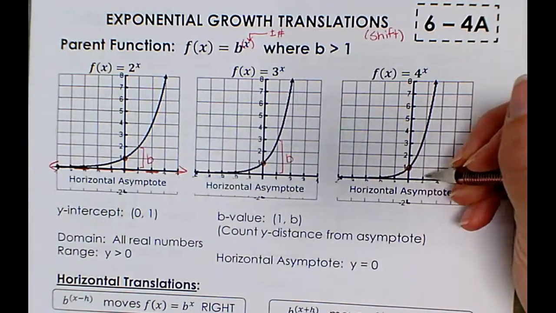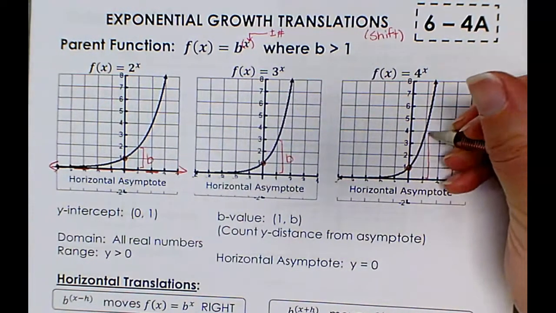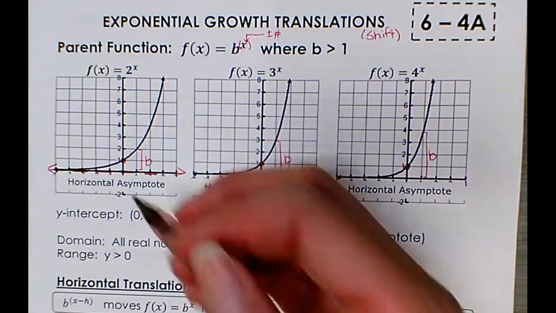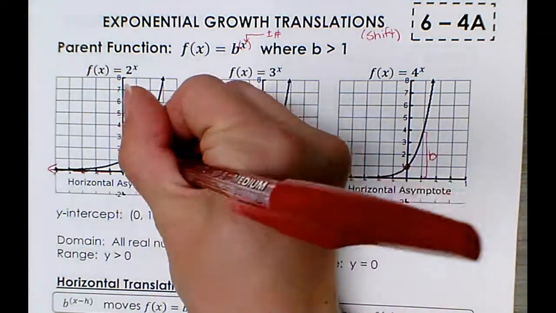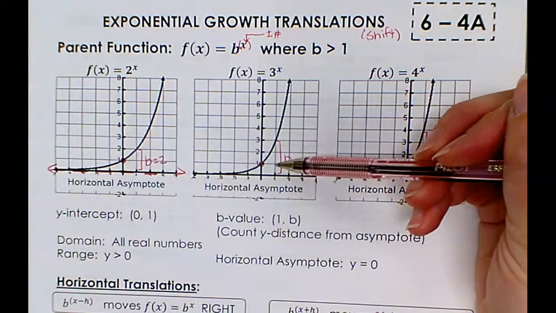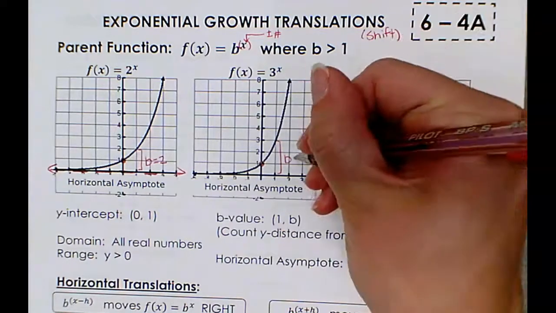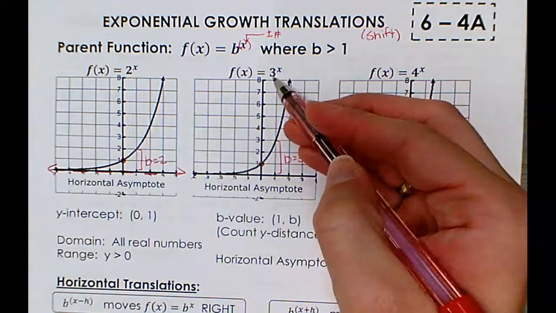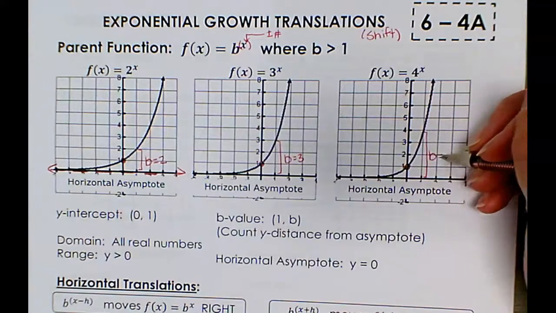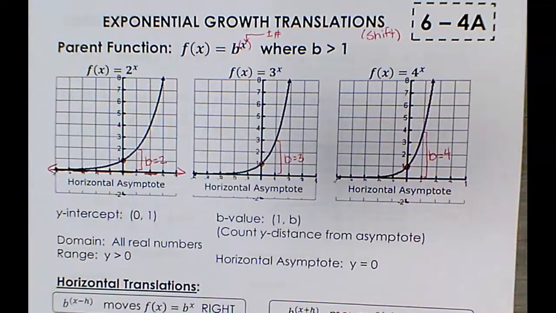When you go over 1, this distance right here, that's the b value. So notice that here, this is 2 units, so b is 2, that's the base 2. Here b is 1, 2, 3 units, that's the base 3. And then here b is 1, 2, 3, 4 units, that's the base 4.